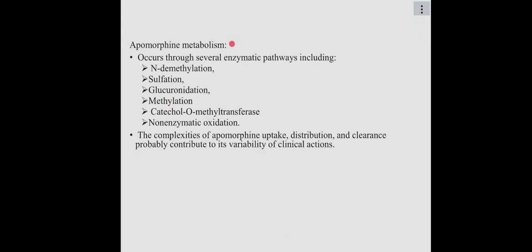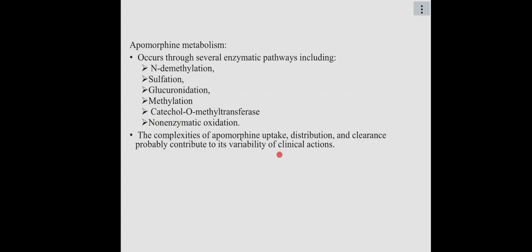Apomorphine metabolism, as we've already mentioned, can undergo oxidative N-demethylation, sulfur oxidation or sulfation, glucuronidation, methylation, catechol-O-methyltransferase, the enzyme, and non-enzymatic oxidation, as we have said, because of the catechol groups and because of its own instability.